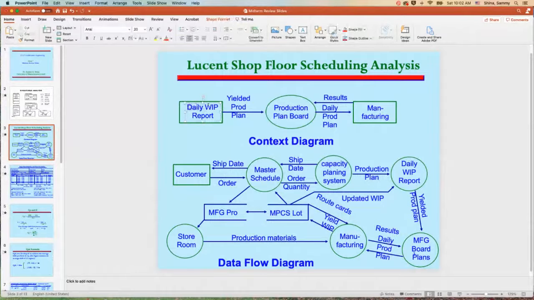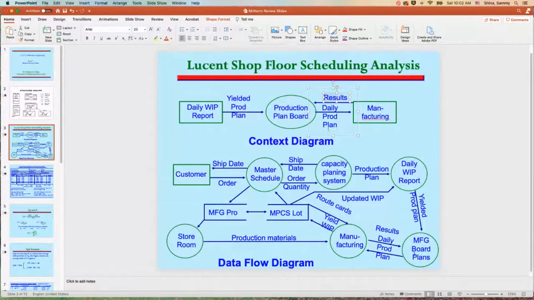As I said before, we look at the source and destination, and they are in the context diagram, and they are a rectangle. We look for the process that we're trying to do a process map for, and that's the production planning board, which we decided we're going to create to communicate between the different shifts, and then the names of the data flows.